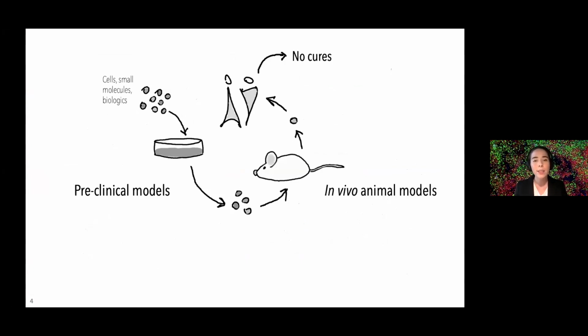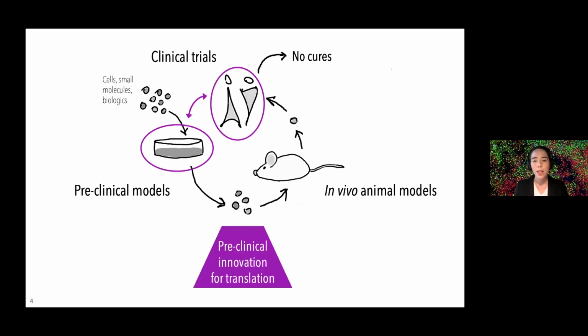The top candidates go on to in vivo experiments with animal models, and with many more years and some luck, you might get a candidate that makes it to clinical trials, where most therapies in the neuroscience space end up failing. This paucity of discovery and translation has forced the community to really reimagine the drug development process and think about how we tackle this complex disease. This includes innovating on more predictive or translatable preclinical models.